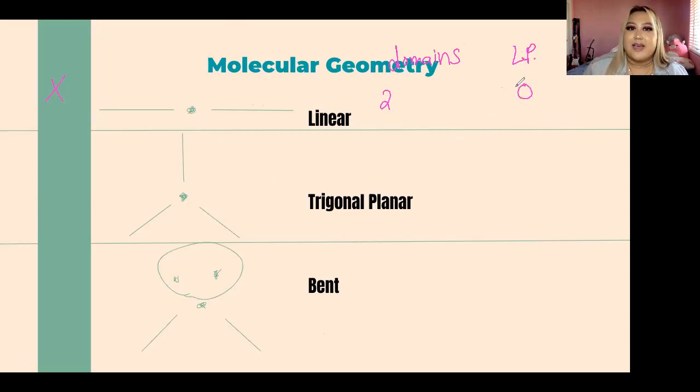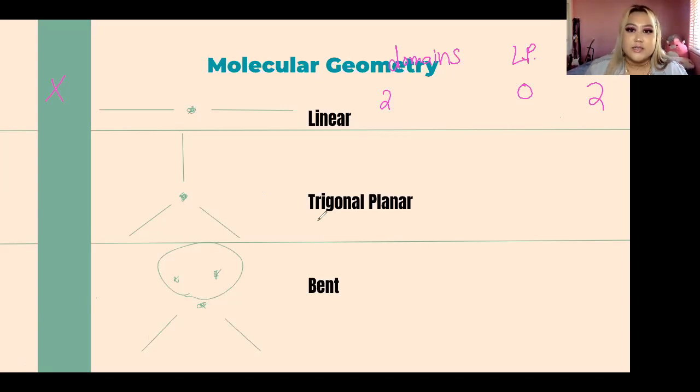Yeah, correct. And since there's 0 lone pairs and 2 domains, that means there's 2 bonded pairs, because the lone pairs and the bonded pairs have to equal however many domains there are. Domains just mean the area where electrons are.